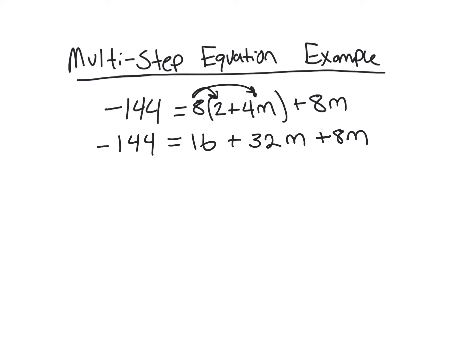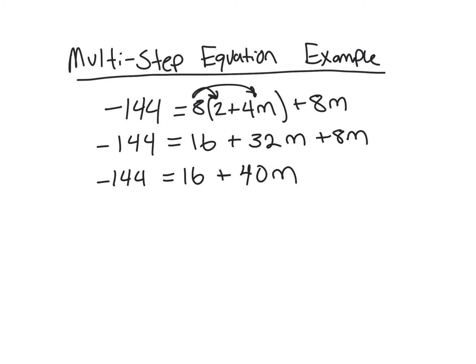We have some multiplication with the 32m and the 8m, but the commutative property tells us that we can switch things around, and the associative property tells us that we could associate things differently. So what we're going to be able to do here is combine our two like terms now. And so we have -144 equals 16 plus 32m plus 8m is 40m. Okay, and we're going to then just solve this from here.